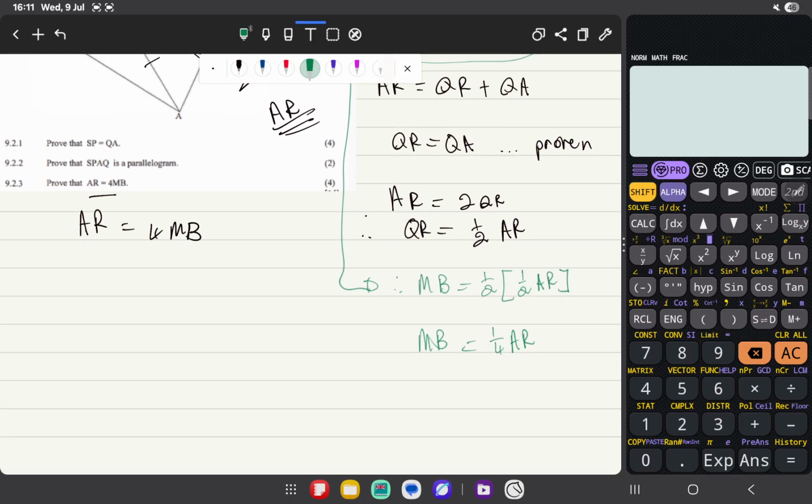Just for the sake of perfection, we multiply by 4, and therefore you will have AR equals 4 MB.